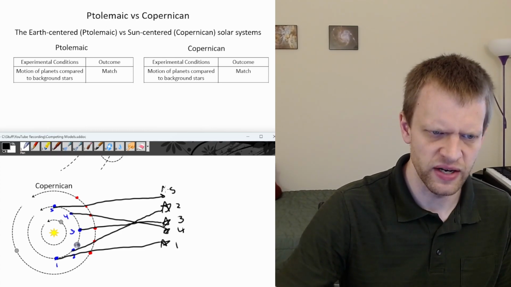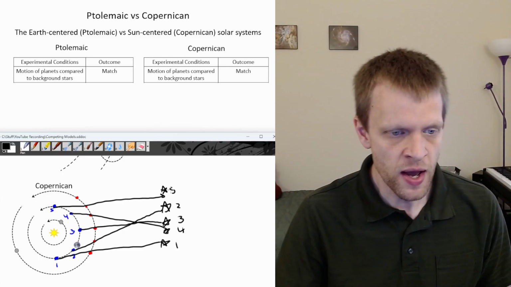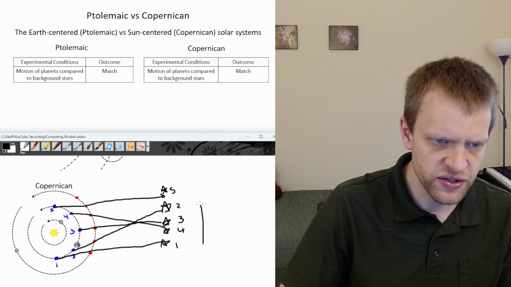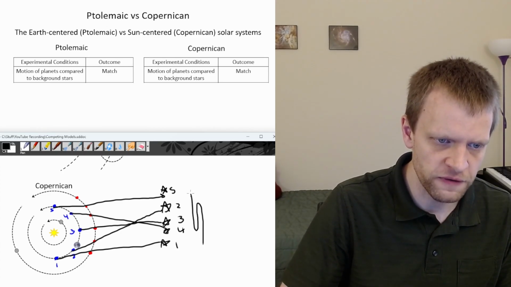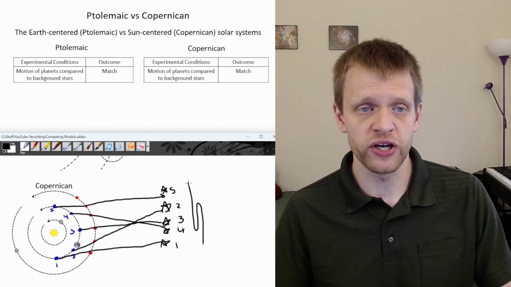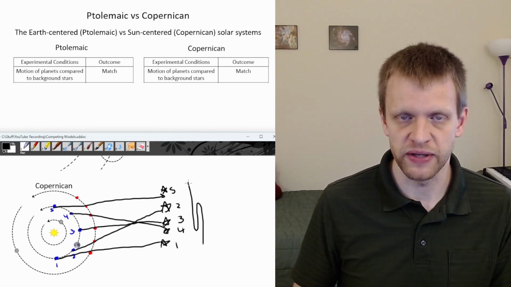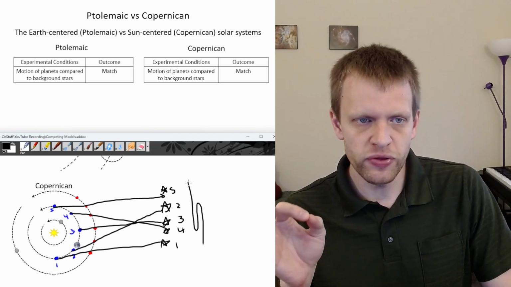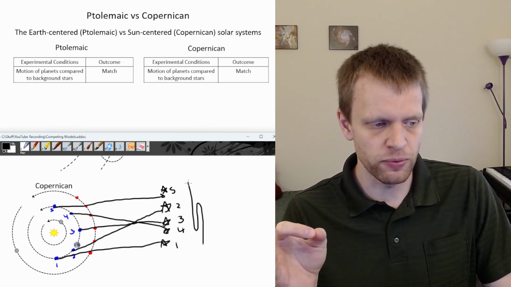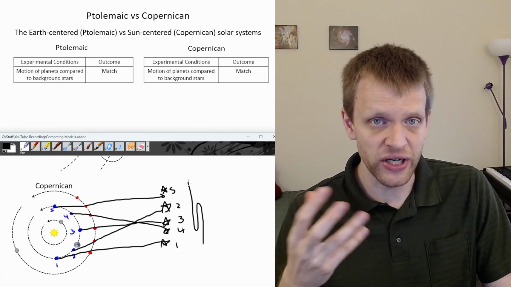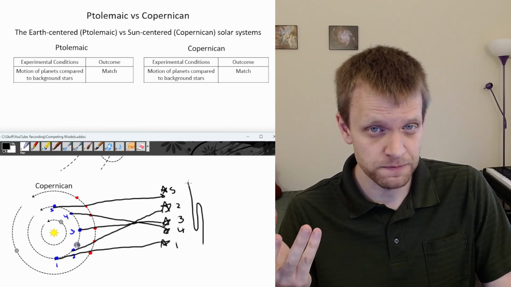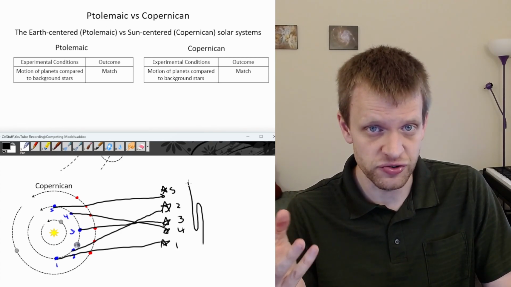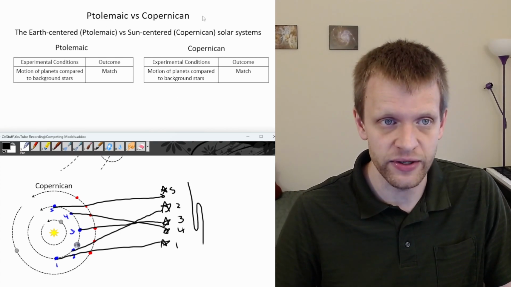I guess I added an extra star there that I didn't need. But we have this 1, 2, 3, 4, 5 kind of motion. The Copernican model is also able to explain that retrograde motion. The point I'm trying to make here is that both of these models seem to be able to explain the general motion of these planets compared to the background stars to higher or lower accuracy.